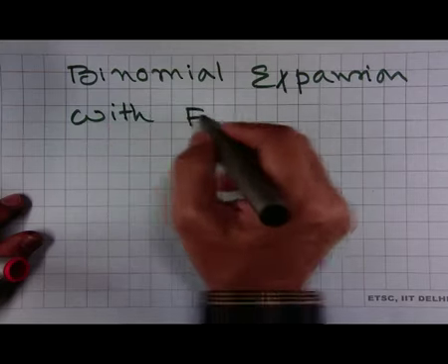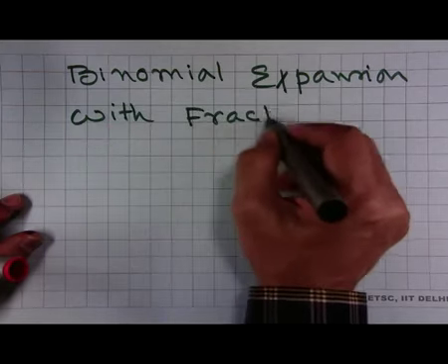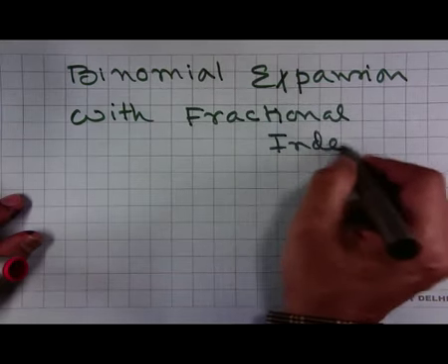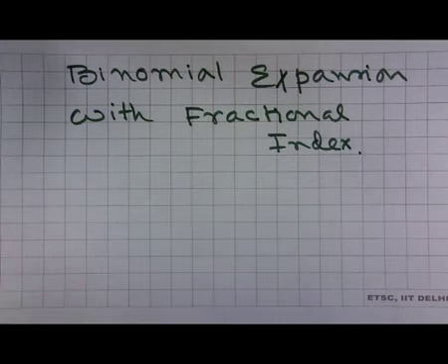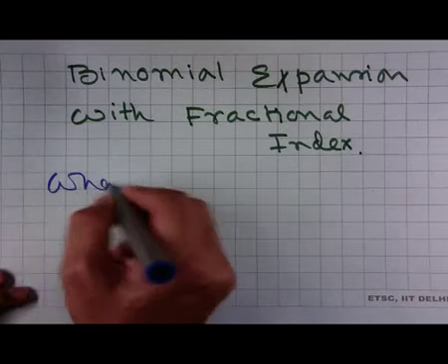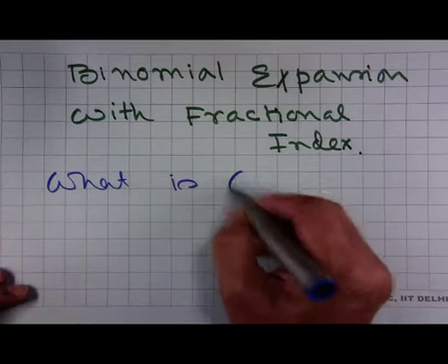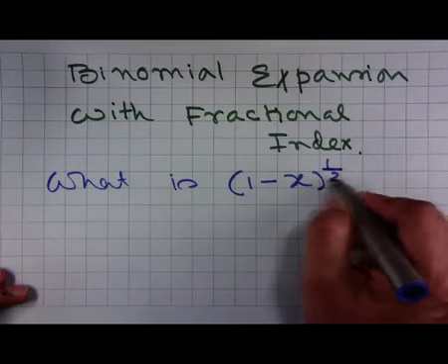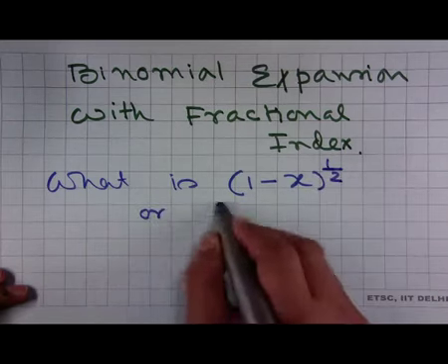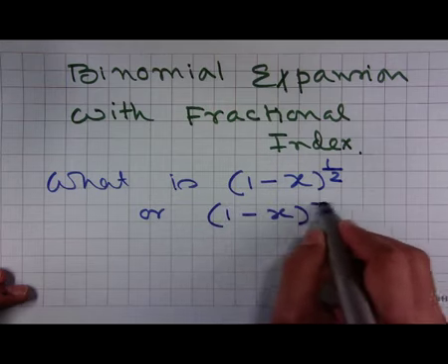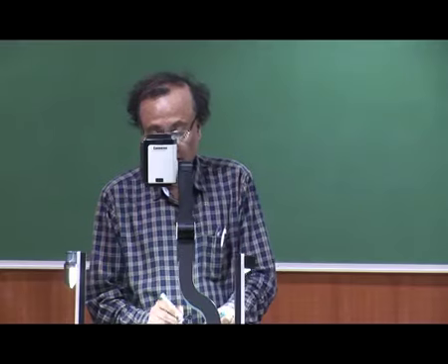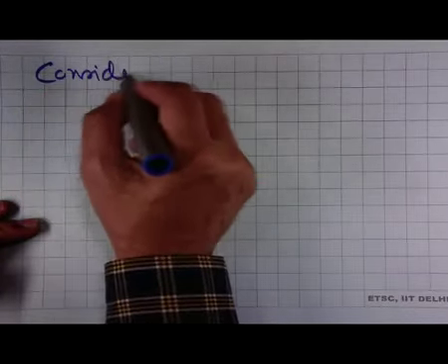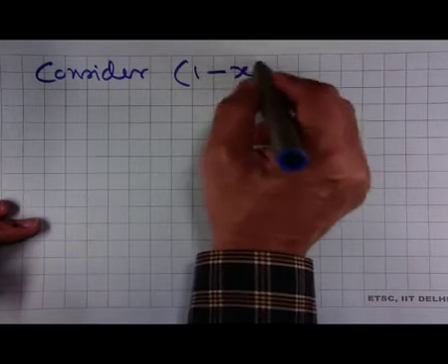Next, we shall look into binomial expansion with fractional index. That is, what is (1 minus x) whole to the power half, or (1 minus x) whole to the power minus half? Let us try. Consider (1 minus x) whole to the power minus half.